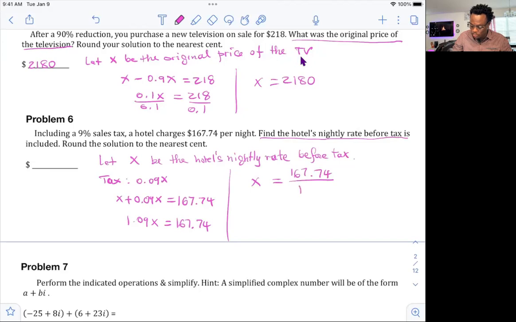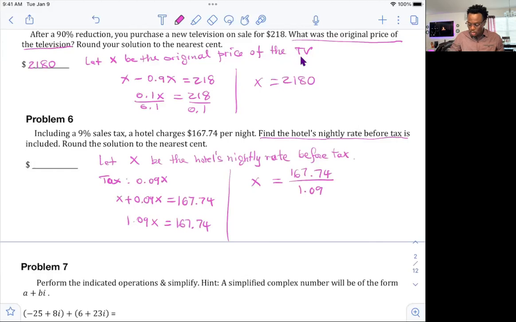And then if you divide both sides by 1.09, that's 167.74 divided by 1.09.